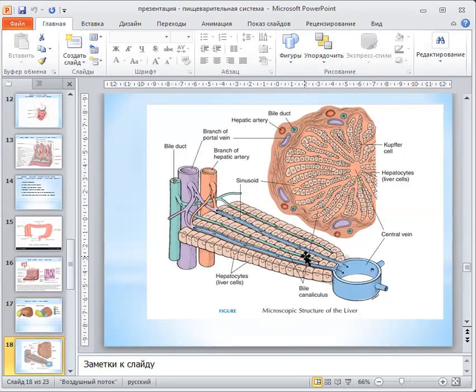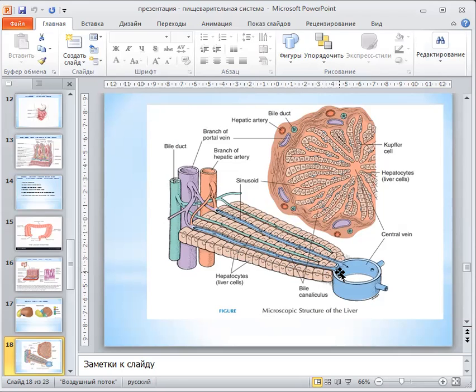Every girder, or trabecula, consists of 2 rows of cells. These cells are named hepatocytes. There is a bile duct between the 2 rows in one girder, and there is a hemicapillary between the 2 girders.